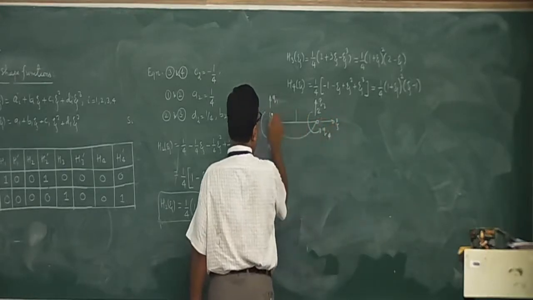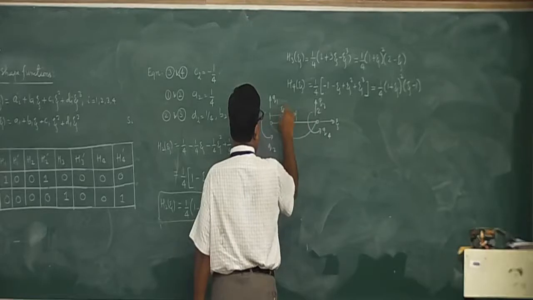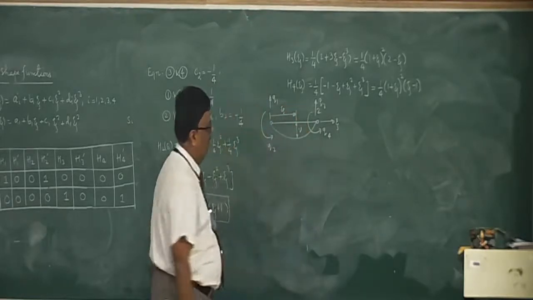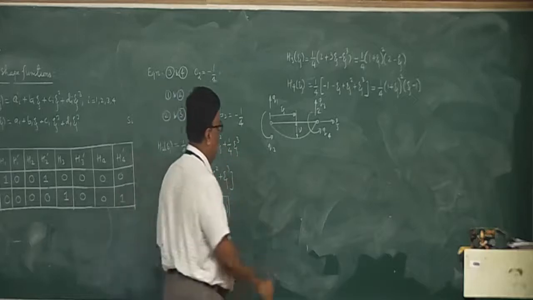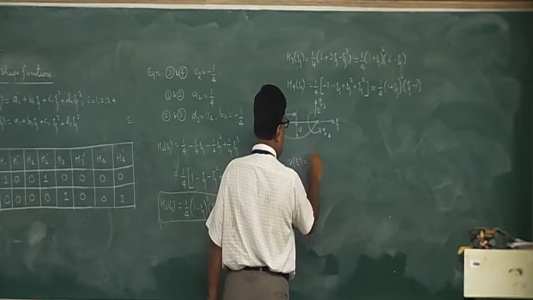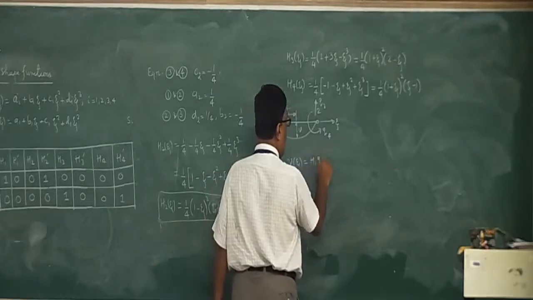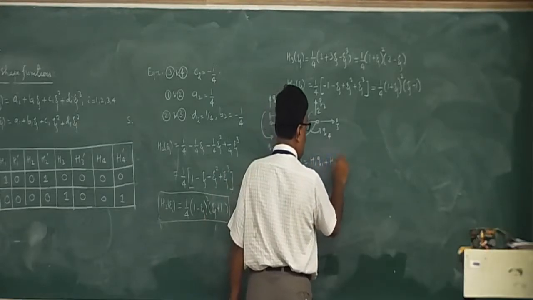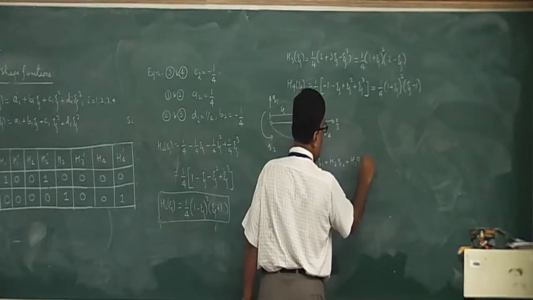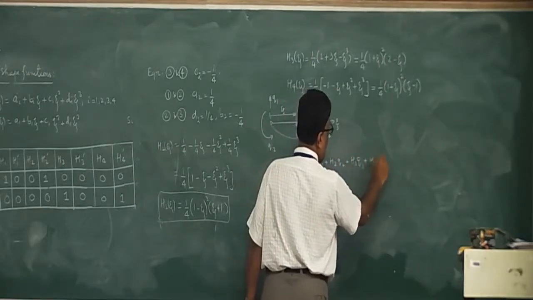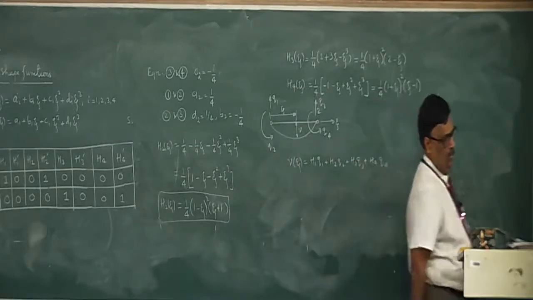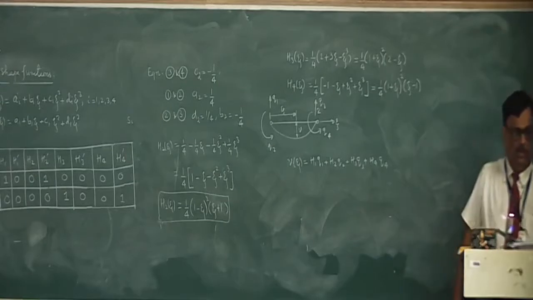Suppose I want a value of zeta, what is my deflection V in terms of this? Then I can write that V at a given zeta is given by H1 Q1 plus H2 Q2 plus H3 Q3 plus H4 Q4. This is what you can find out from these displacements.